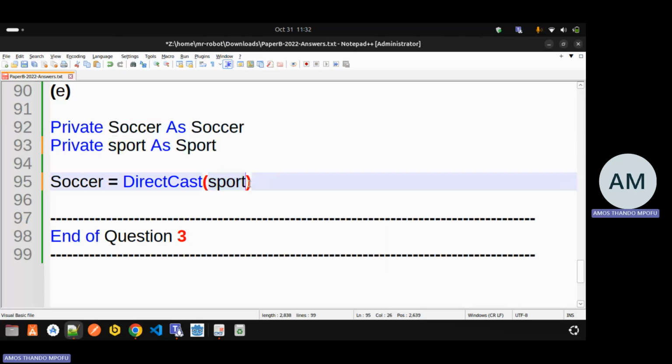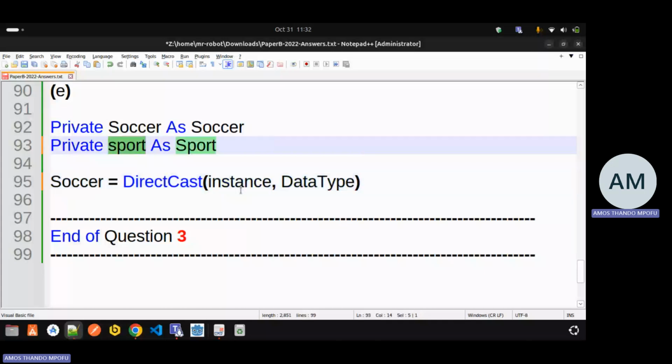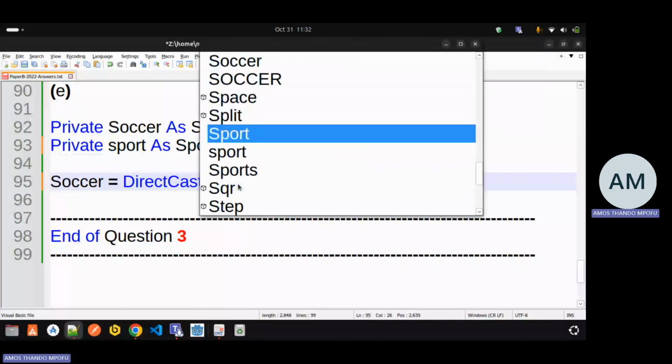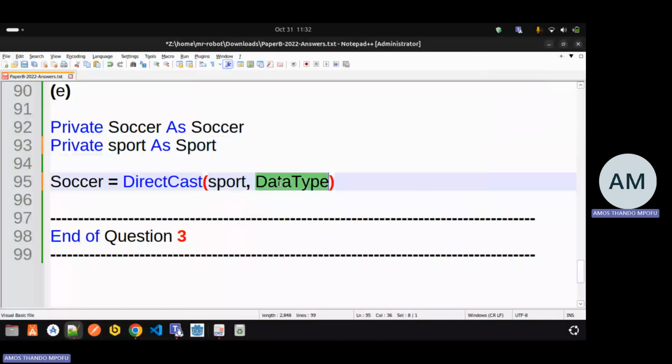And the way you use DirectCast is that you start by putting in the instance, and then the data type. The instance that I want to cast is this one, sport with the small letter. And then I want to cast it to what data type? Remember, I want to downcast it. Remember, this is soccer.